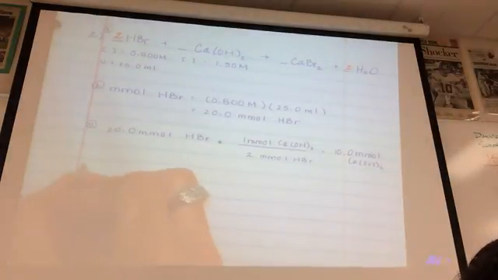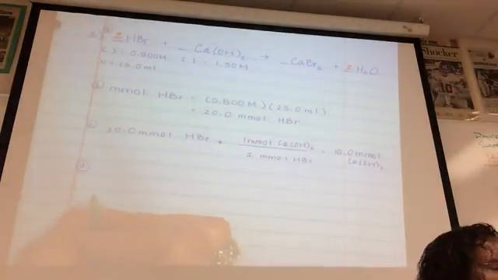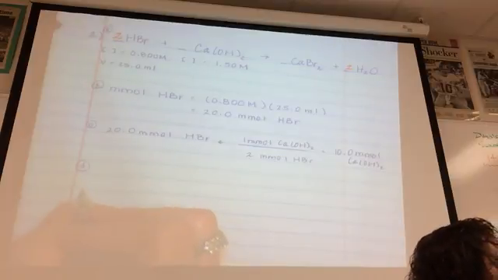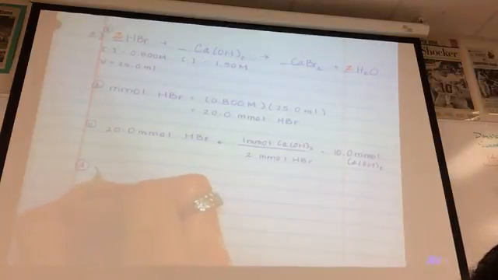Okay, this piece is slightly different, but it's really easy. You're going to be good at it. We want to know the volume of the base.